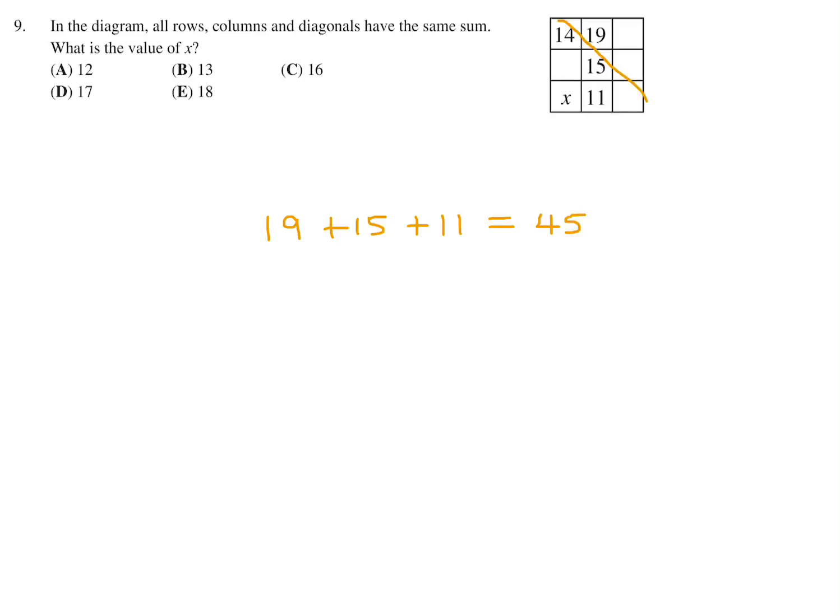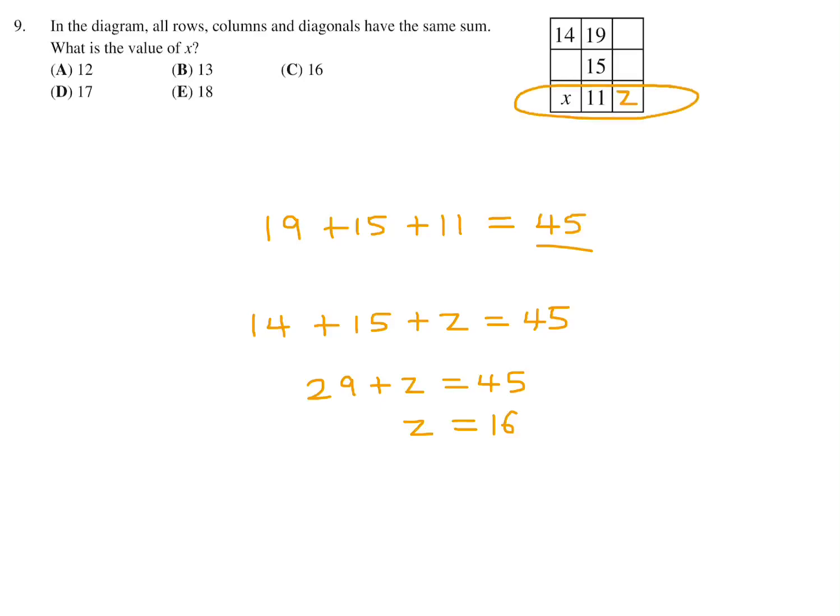Next, let's look at this diagonal here. I'll just call this z, since I don't know. That means 14 plus 15 plus z is equal to 45, since that is the sum for everything. So if you do the math here, you get 29 plus z is 45, and therefore z is equal to 16. So now let's concentrate on that row.